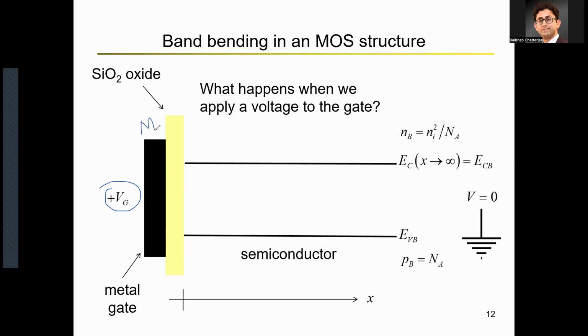Remember, this is metal, this is oxide, this is semiconductor, and this semiconductor is a long structure, and let's say you have connected ground to the end of it. At the leftmost side you have metal with a plus VG voltage. The question is: what would happen to the voltage profile along this semiconductor structure?